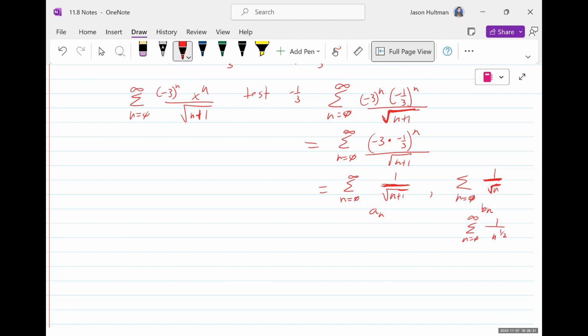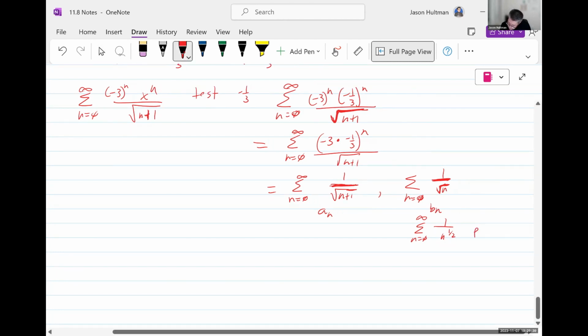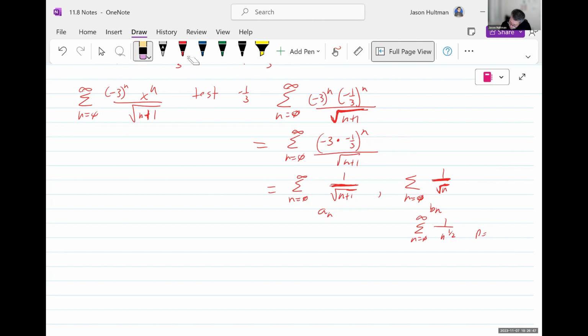Yeah, that's a p series, and p is less than 1. So p equals 1/2, which is less than 1. And so what happens with a p series that's less than 1? It diverges. Divergent. Yeah, thank you. So this thing is divergent.